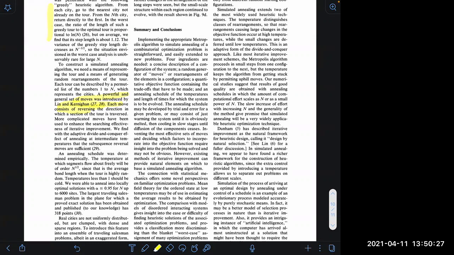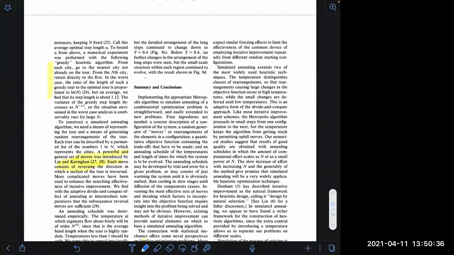And then you reverse the subsequence bounded by these two indices. So if you have cities 1, 2, 3, 4, then you randomly pick 2 and 4, and the next neighbor is going to be 1, 4, 3, 2. And then you either accept it if it's better, or you non-deterministically accept it if it's worse than the current solution.